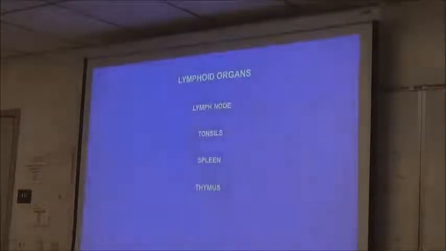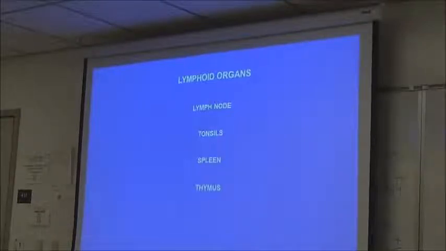All right, now we get to lymphatic organs. And these lymphatic organs have a capsule. That's what is common to all of them, at least a partial capsule. So we're going to look at the lymph node first, because that's what all of the lymphatic fluid has to pass through. All right? And then tonsils are specific.